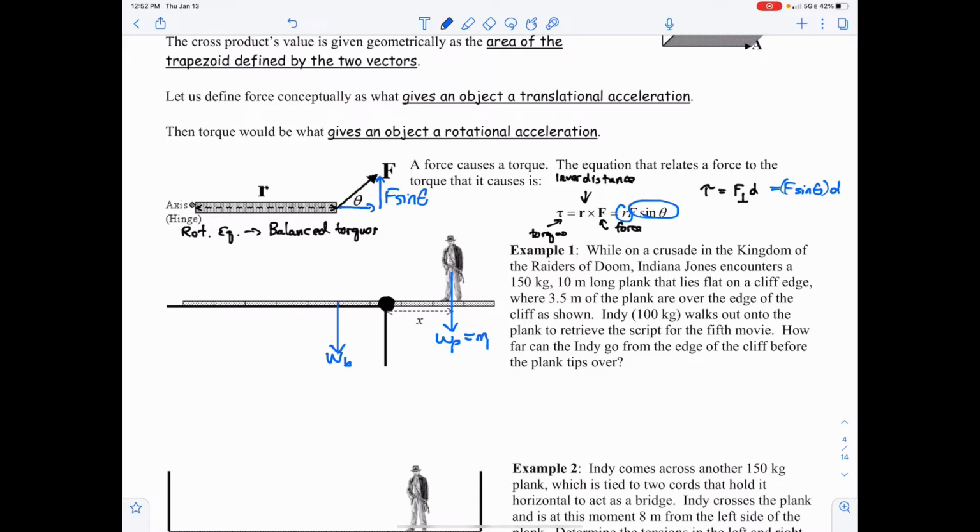So mass of the person times g, and then we have mass of the board times g. Okay, so we got that. Then we also are given how far the center of the board is from the pivot point. This distance is 3.5 meters.